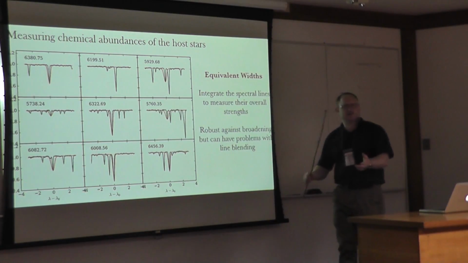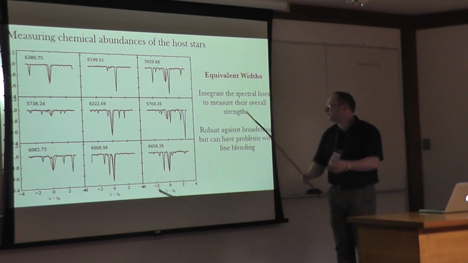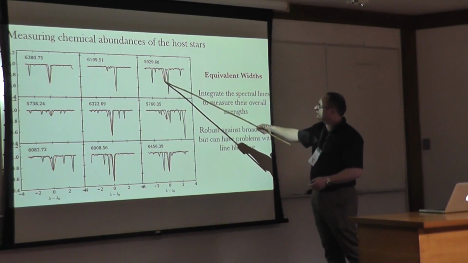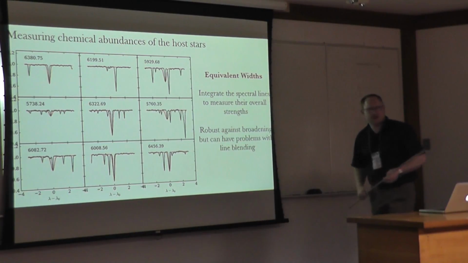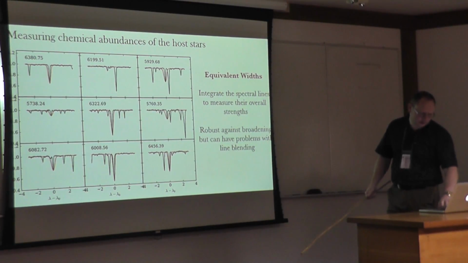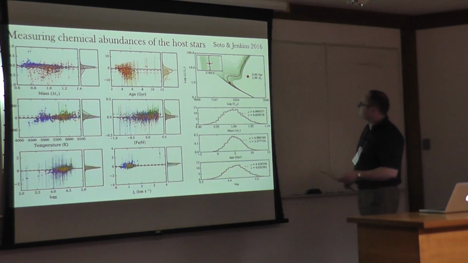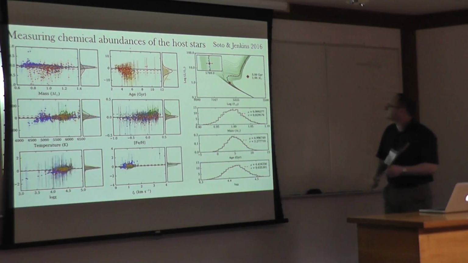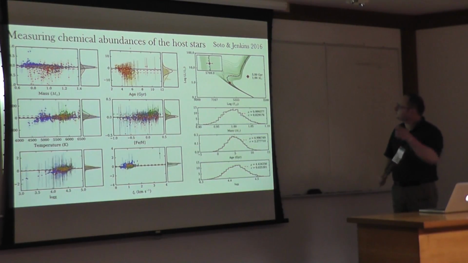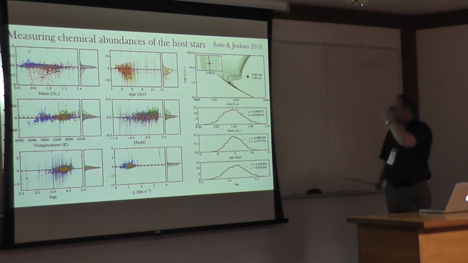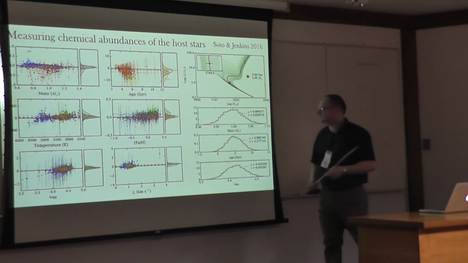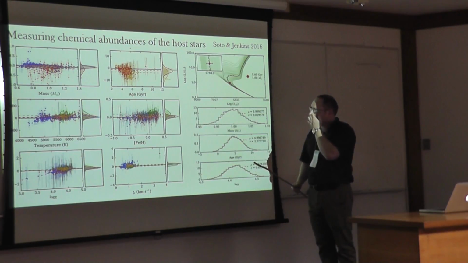Trying to select lines that are essentially not blended, etc., and doing just Voigt profile fits and trying to integrate the line, calculate the equivalent widths. And these are some results that one of my grad students, Maritza Soto, is going to publish. She just developed this code, it does this automatically.